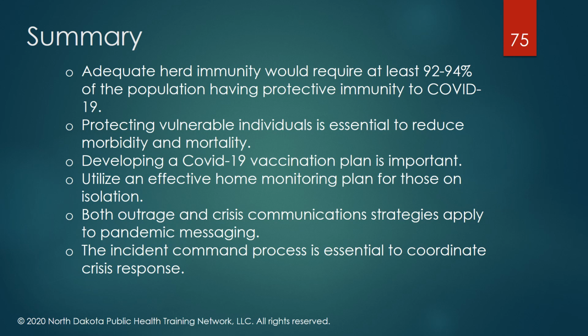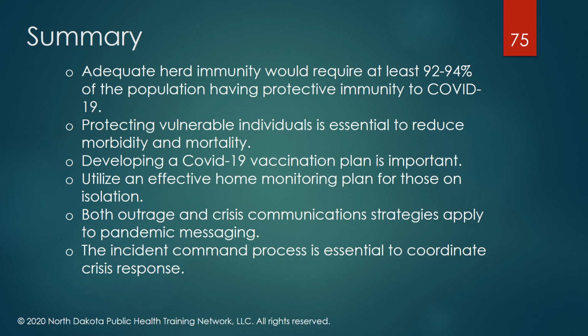In summary, adequate herd immunity for COVID-19 would require at least 92 to 94% of the population having protective immunity to COVID-19. Protecting vulnerable individuals is essential to reduce morbidity and mortality. Developing a COVID-19 vaccination plan is extremely important.